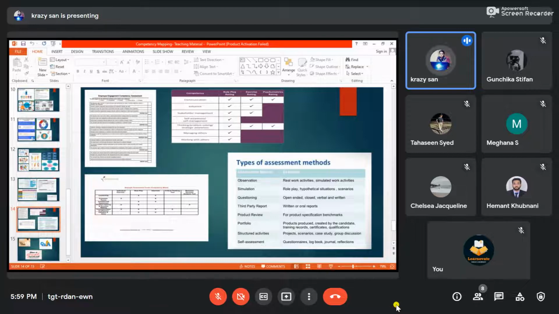And while mapping, while evaluating, while doing the assessment of the individual portion of your organization, whether it is department wise or sector wise, how you do it, being an HR, avoid favoritism. Don't be biased, because the assessment is not about comparing the people.